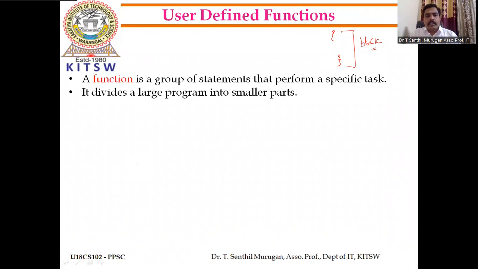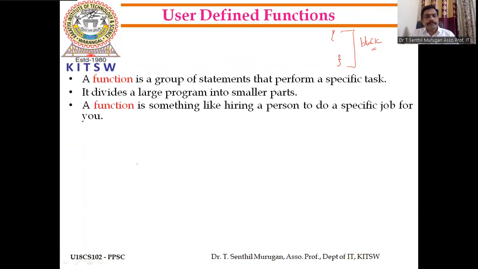It divides a large program into small parts. Normally a large program will be split into multiple small programs, and for that we need functions. A function is something like hiring a person to do a specific job for you. If there is a lot of work, we have to distribute it.